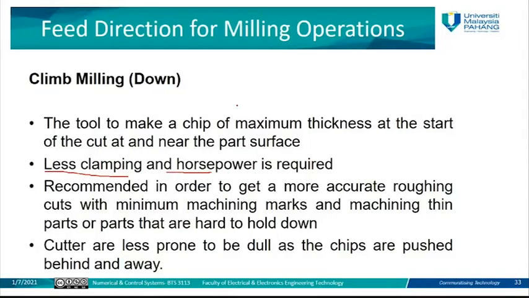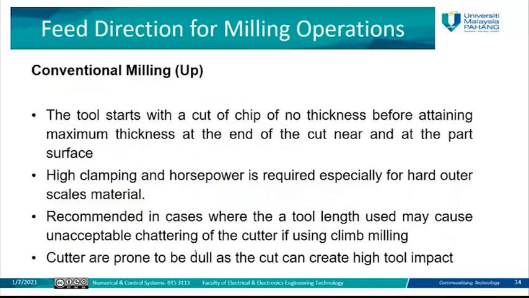When the spindle is rotating opposite to the movement, we need less clamping and less horsepower is required because the movement of the workpiece is in the direction of the movement of the tool or the spindle here. It is recommended in order to get a more accurate roughing cut with minimum machining marks, and also cutters are less prone to become dull.